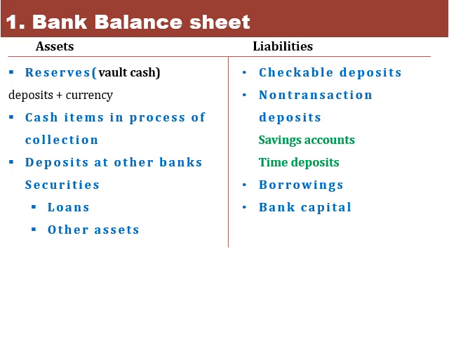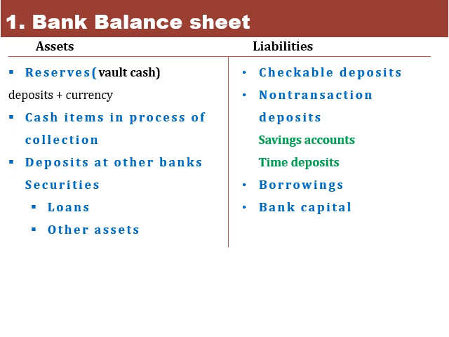As we can see, the bank balance sheet consists of different assets and liabilities, where assets are classified into reserves or vault cash, which consists of deposits and currency. The second item is called cash items in the process of collection. The third item is deposits at other banks.